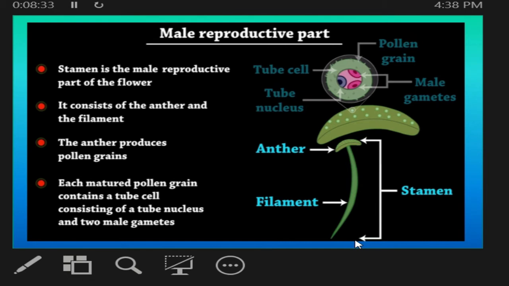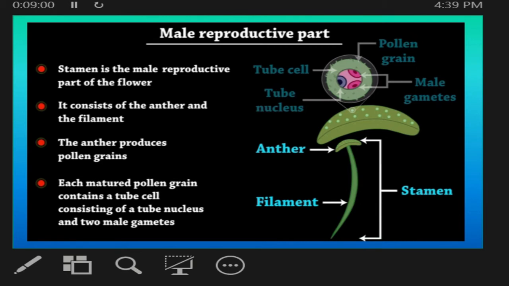It consists of the anther and the filament. The anther produces pollen grains. Each mature pollen grain contains a tube cell consisting of a tube nucleus and the two male gametes. We have also the filament that holds the anther in a position tall enough to release the pollen.